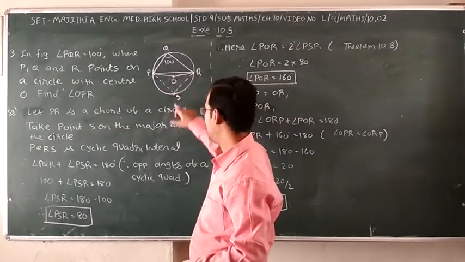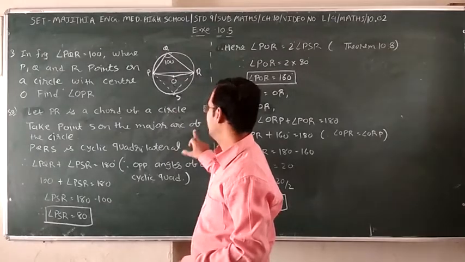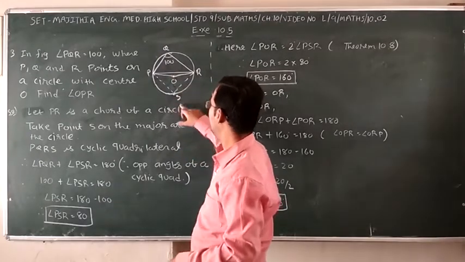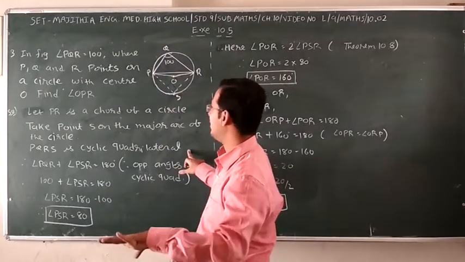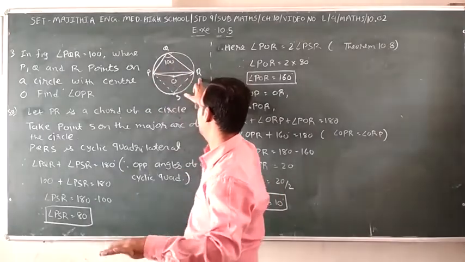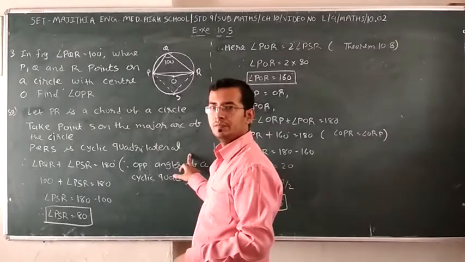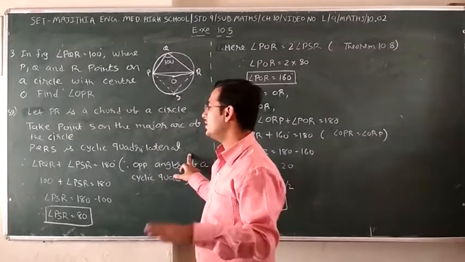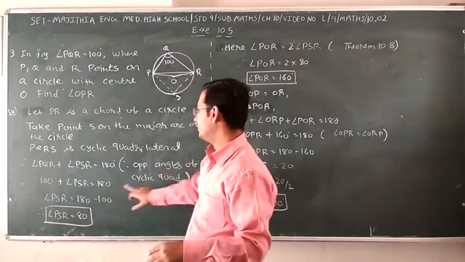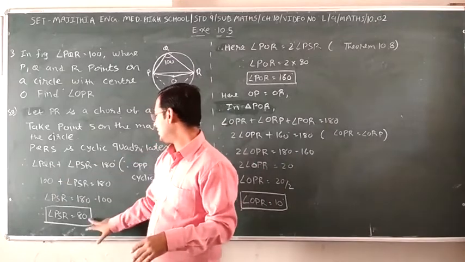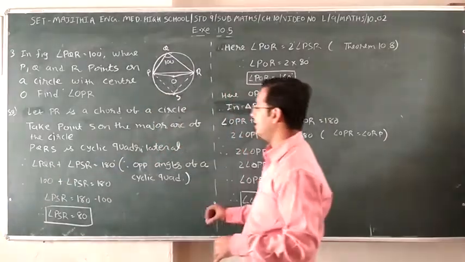Now PQRS has become a cyclic quadrilateral. In a cyclic quadrilateral, the opposite angles PQR plus PSR sum to 180. PQR is 100, so we get PSR as 80.